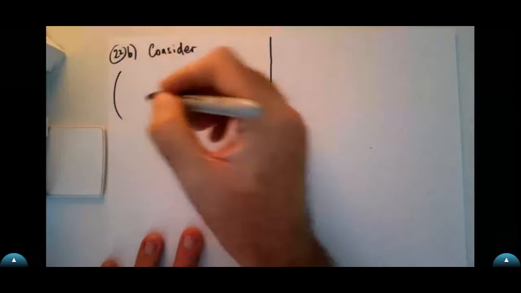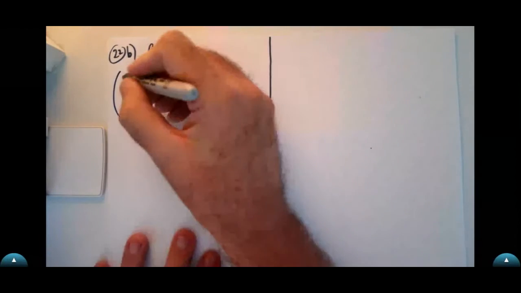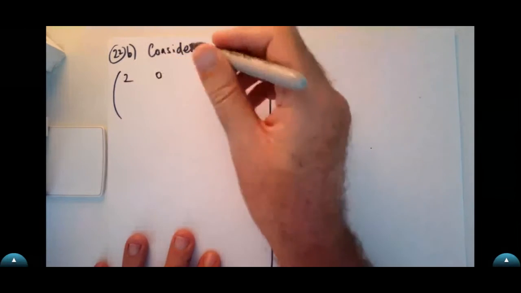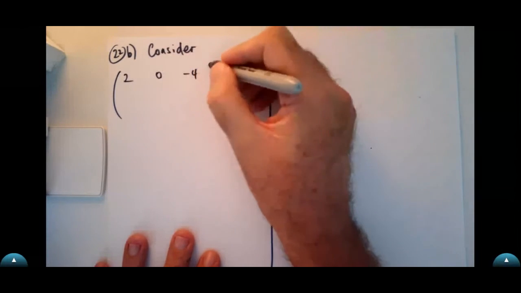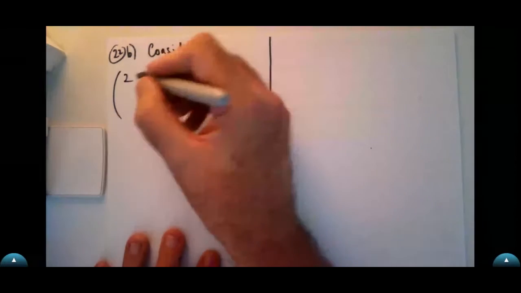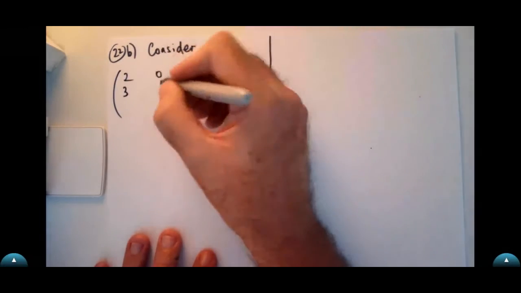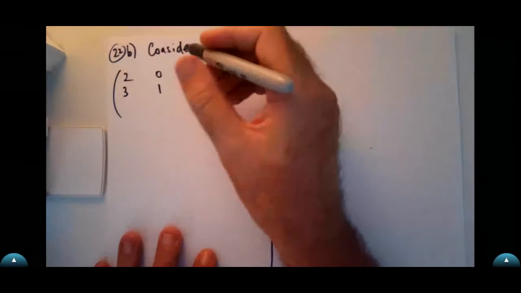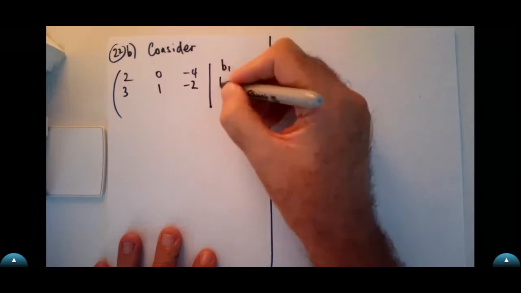Okay, so let me go back to my document camera. Okay, so consider please our augmented matrix form. And we need to be really careful that we put everything in the right place, because if you switch the columns, you're in trouble, okay?